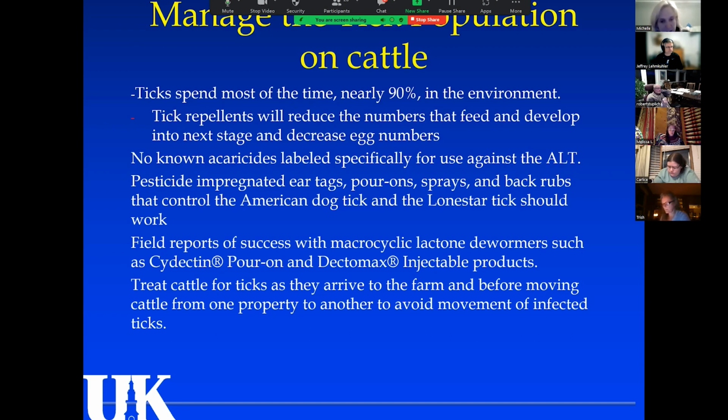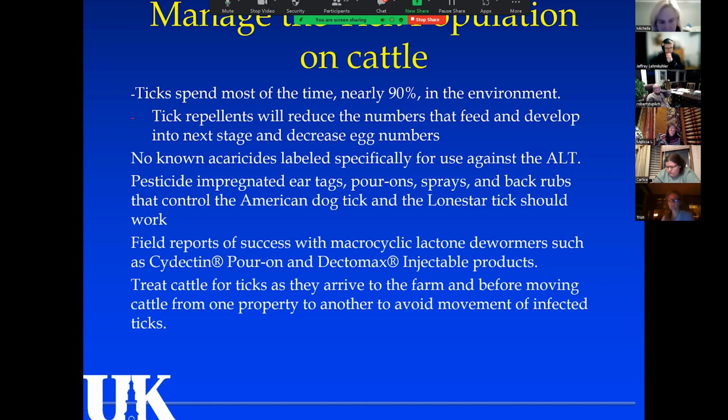We typically give the first dose sometime at 2, 3, 4 months of age, then a booster dose according to the label directions, and then usually another dose at weaning. After that, you go annually with the clostridial vaccines.